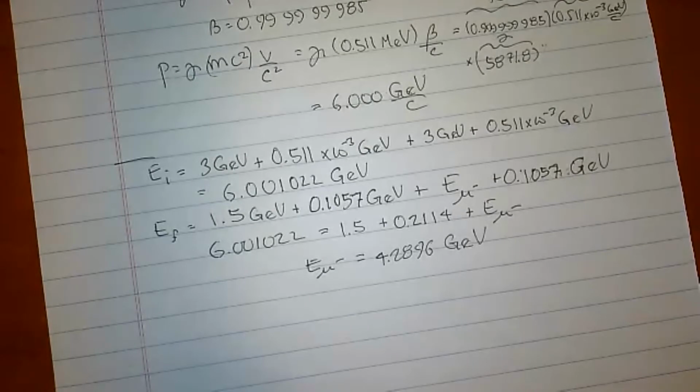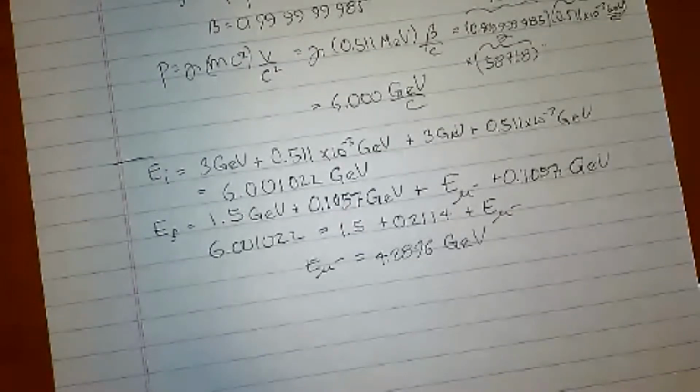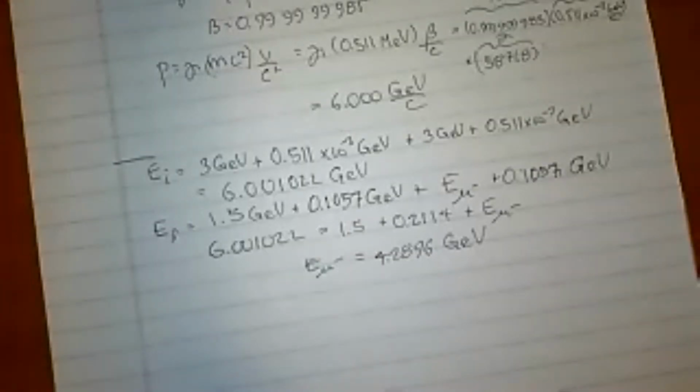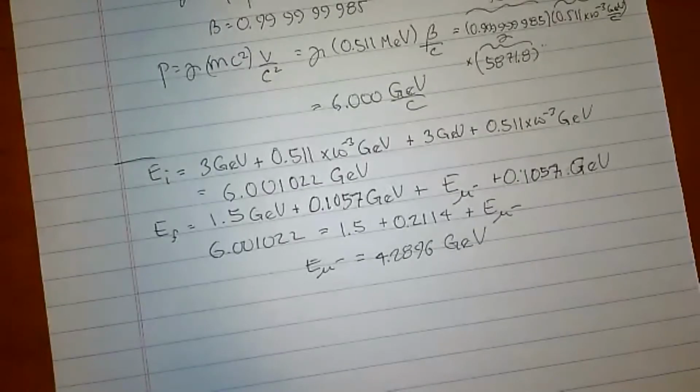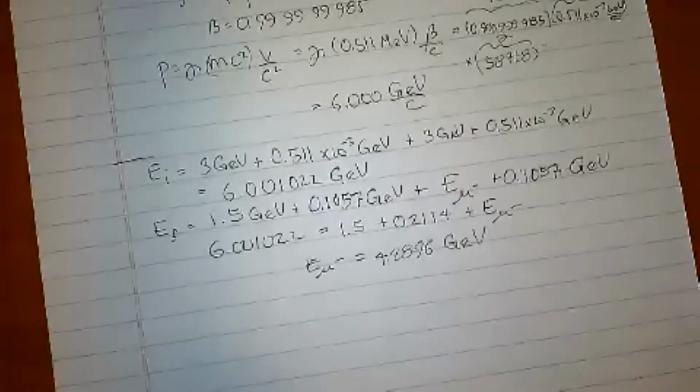Computer's going slow, sorry. Well, so for the E initial, you have both the electron and the positron. Right. So I think it would be 2 times 6.0010. I think my 6 was already taking that into account, because what we did find was 6 GeV per c for the momentum, but the energy was just 3 GeV. So that might be it. Oh, yeah.